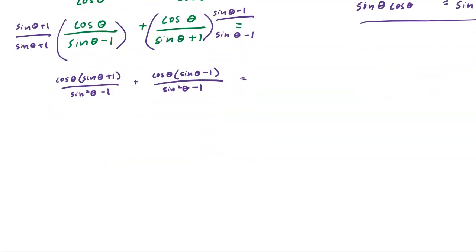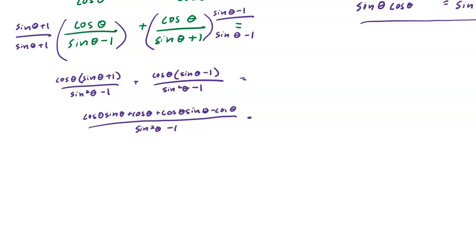Okay, and then we can combine now, and I'm going to distribute as I combine the numerator. Cosine theta sine theta plus cosine theta plus cosine theta sine theta minus cosine theta over sine squared theta minus 1.